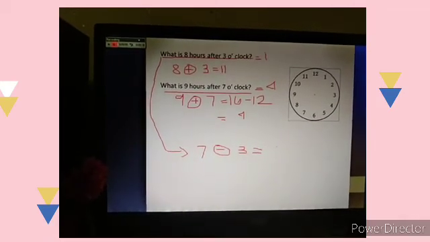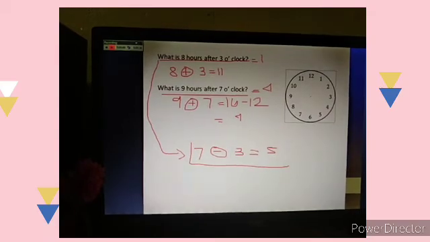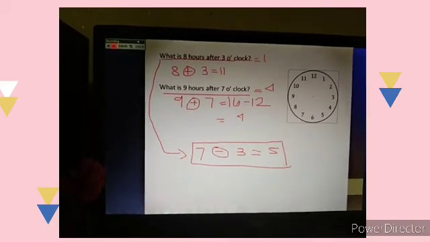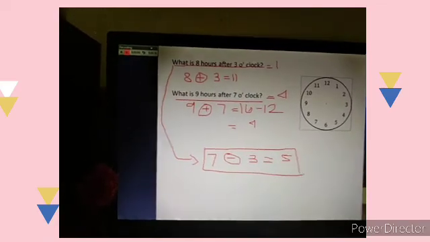So the answer will be 5. That's all. That's how easy clock arithmetic and modular arithmetic are.